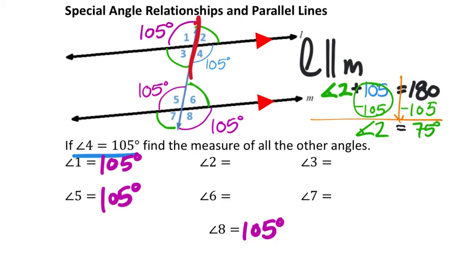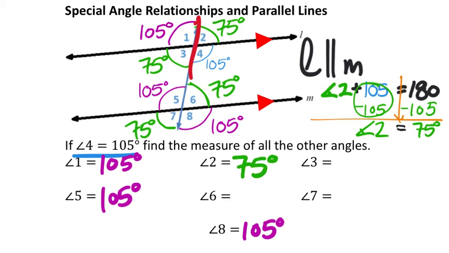So again, I like to see these on my diagram though, so I will. Angle 2, 75 degrees. Angle 3, going to be 75 degrees. Again, that's because we've already identified those special angle relationships, 75 degrees. And now I can go in and just label all these ones, 75 degrees.